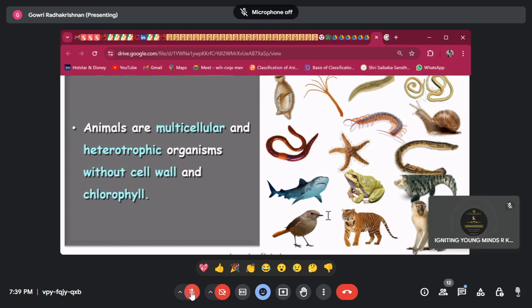We start from small organisms, unicellular organisms, to well developed, higher degree animals. These animals are multicellular and heterotrophic organisms without cell wall and chlorophyll. Cell wall and chlorophyll are not present; those are present in plants.